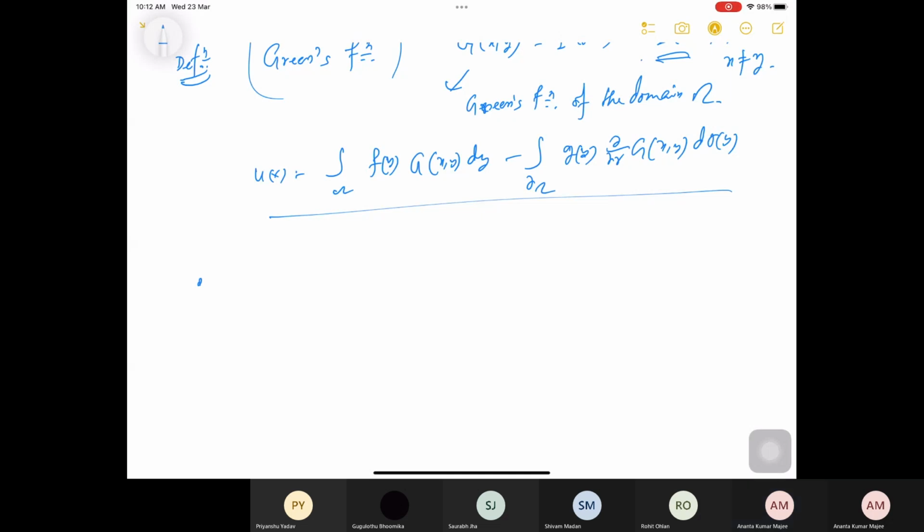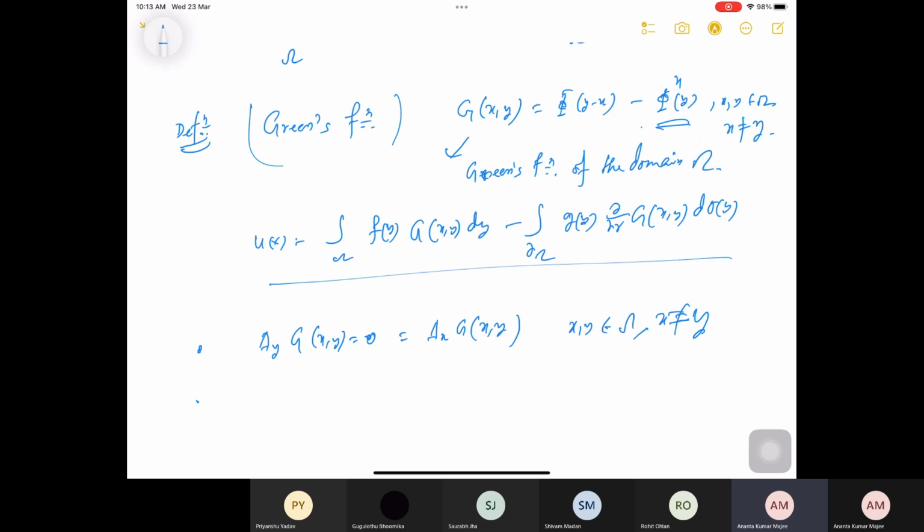In particular, the Laplacian of the Green's function with respect to x or with respect to y is 0. Always x, y are in omega, but x is not equal to y, because I defined the Green's function that way. This is phi of y minus x, which is defined only for x not equal to y. If x equals y, then it is undefined.